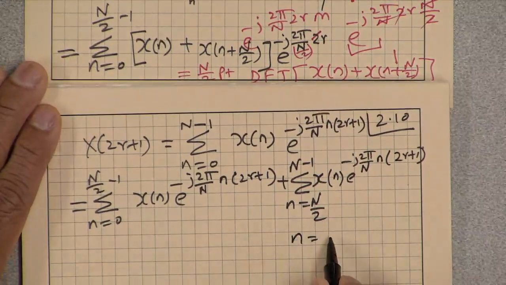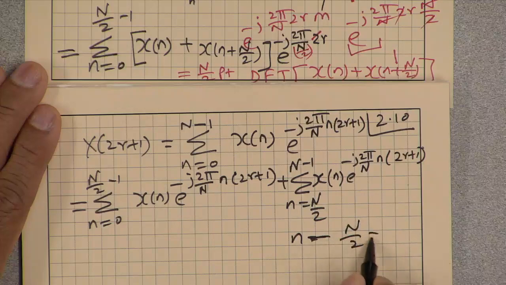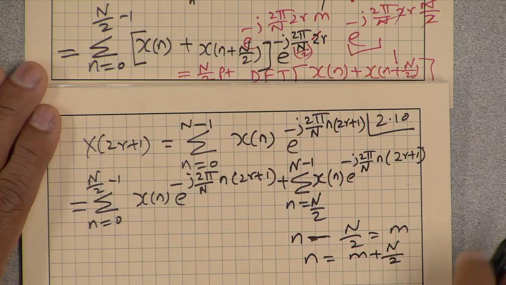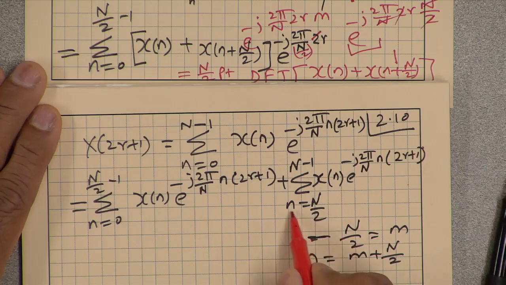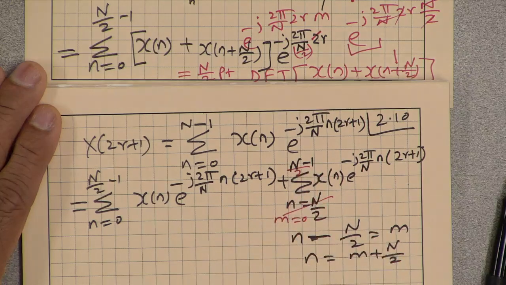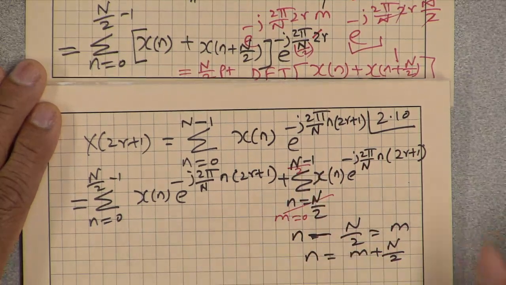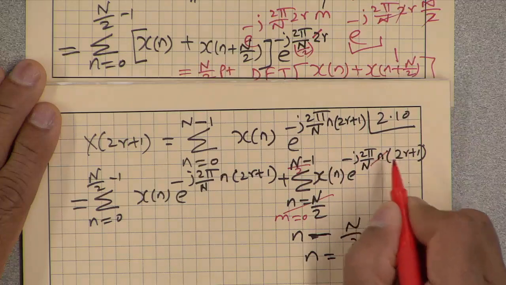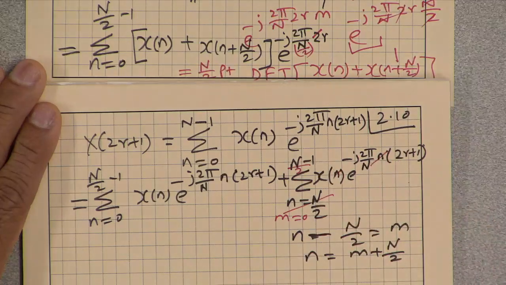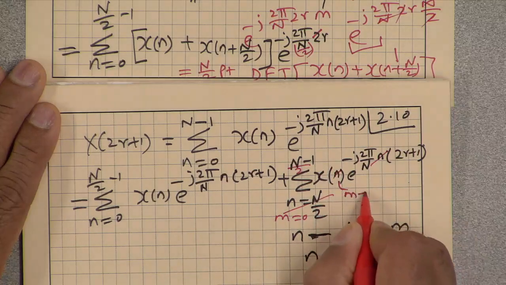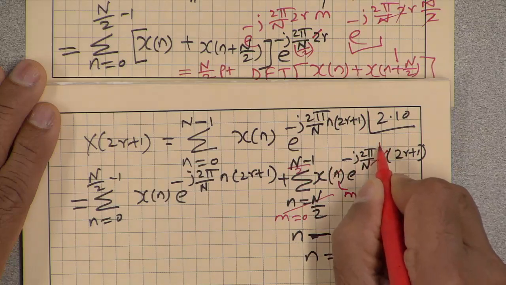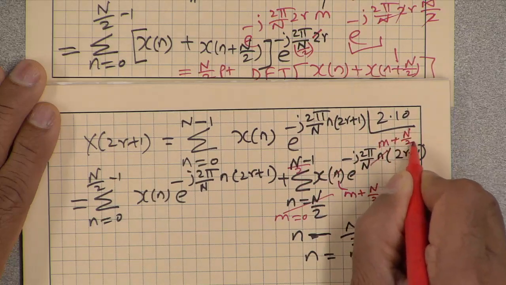n minus N by 2 is equal to m, so n is equal to m plus N by 2. And if we do that, this becomes m equal to 0 to N by 2 minus 1. This and this n become m plus N by 2.